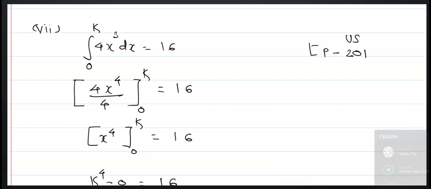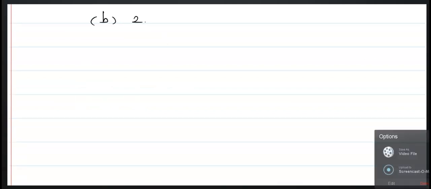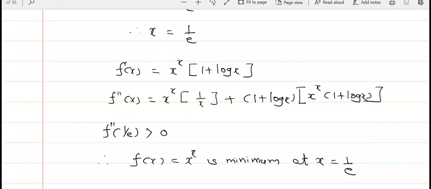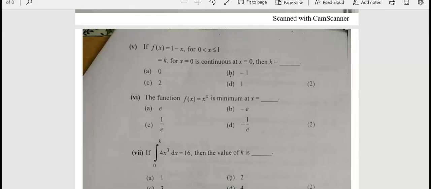It's also an unsolved question on page number 201. Now see this again here. The question is the integral from 0 to k of 4x cubed dx equals 16, then find the value of k.